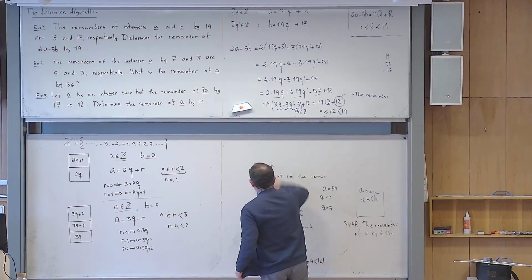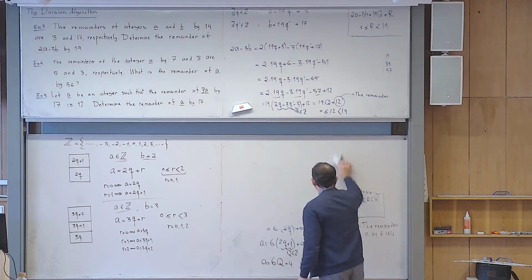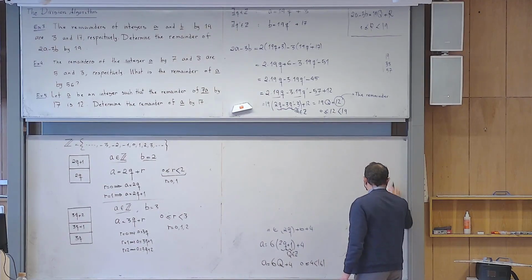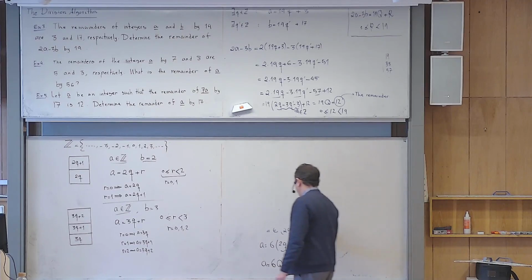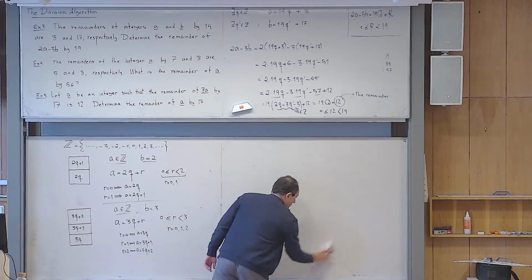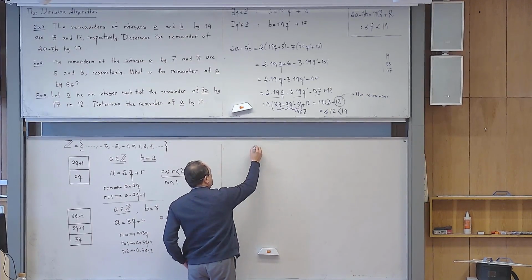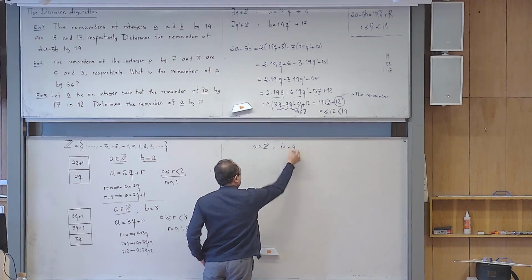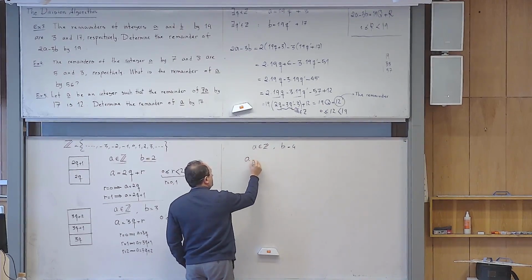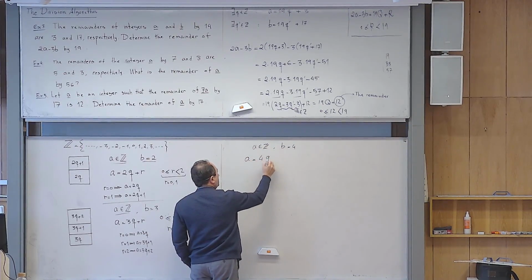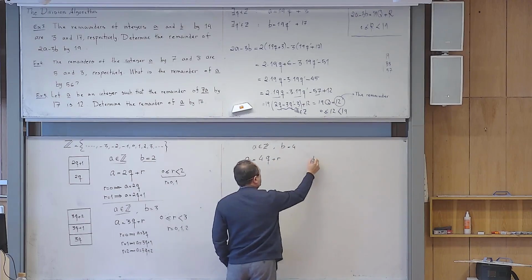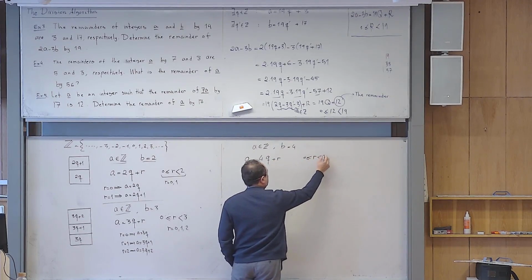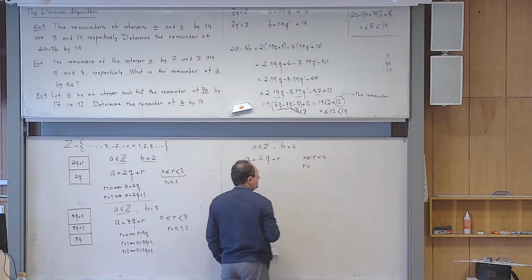So let us just do it for an arbitrary A, but let me change B from 3 to 4 this time. I hope that you imagine what's happening now, yes? So if I have an arbitrary A, but this time I choose B to be 4, then A is equal to B times Q plus R, but the options for R are also limited again. So what are the options for R that I have?